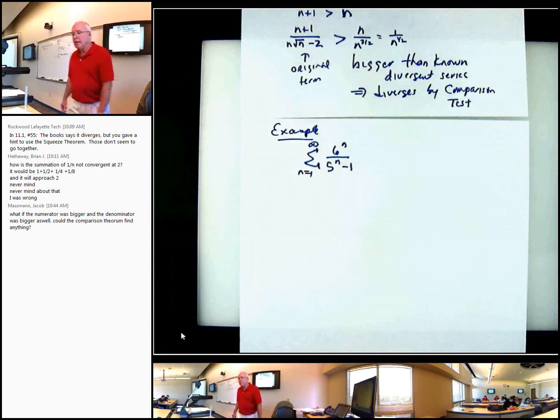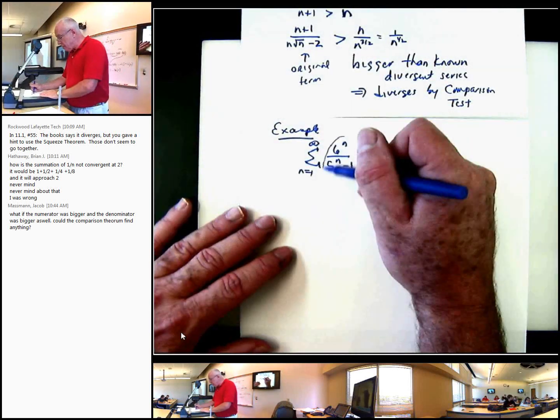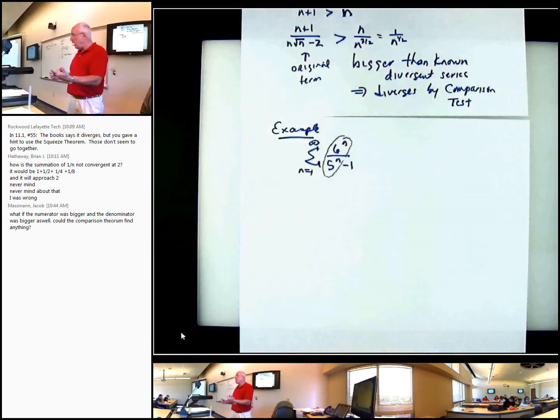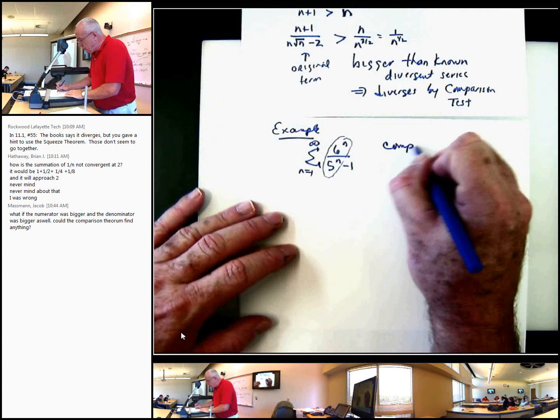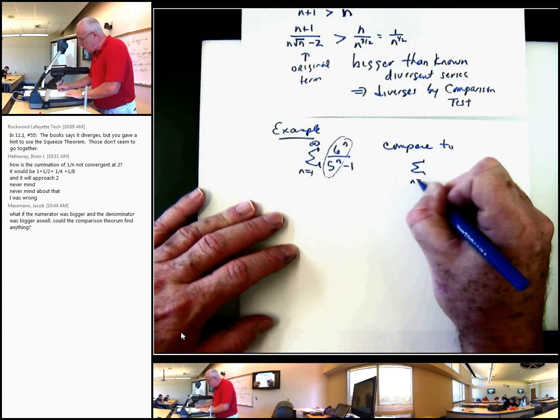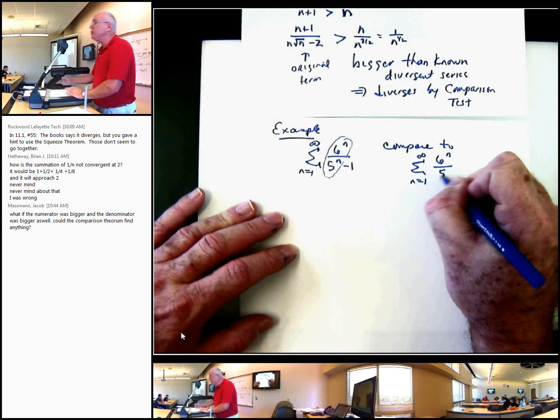Now, our dominant terms in both the numerator and the denominator are these right here, 6 to the n on top, 5 to the n on the bottom. So we're going to compare to the summation as n equals 1 to infinity of 6 to the n over 5 to the n.